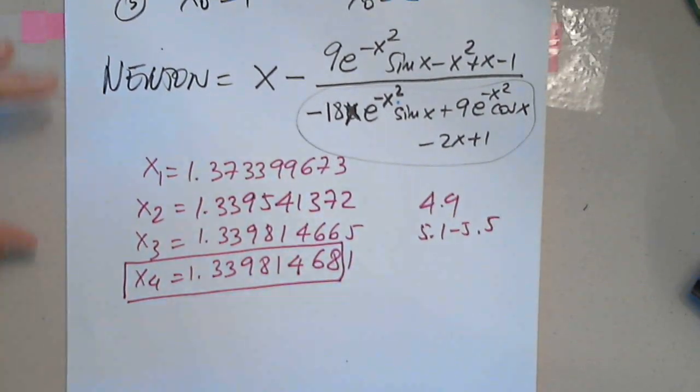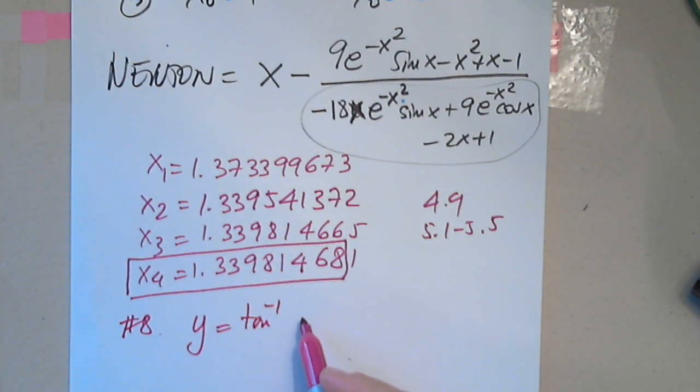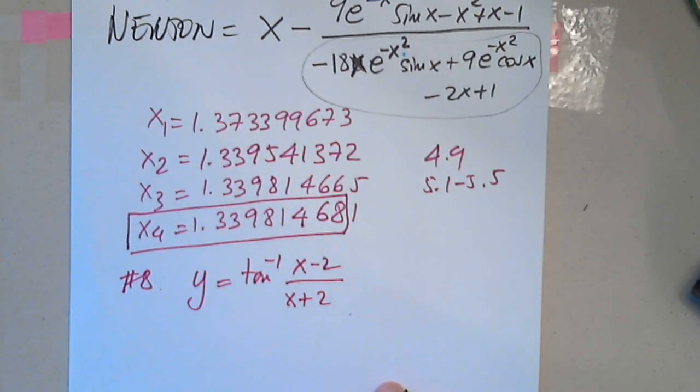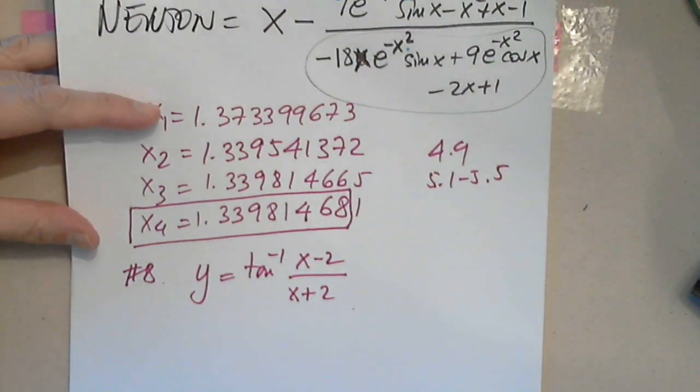Okay, very good. We haven't looked at any of those. So this is number 8: y equals tangent inverse of (x minus 2) over (x plus 2). Okay, perfect. I hope it doesn't take more than 15 minutes, but it may take longer. We'll see. We can stop and finish it up.